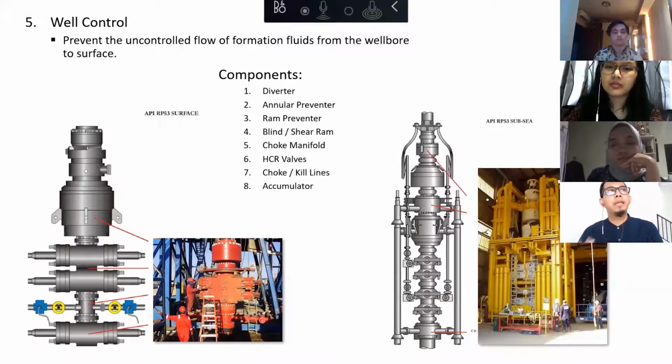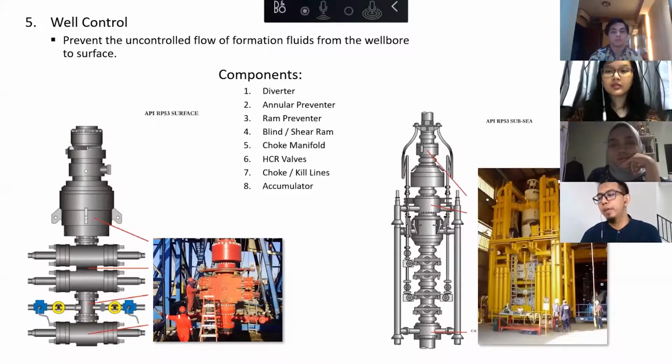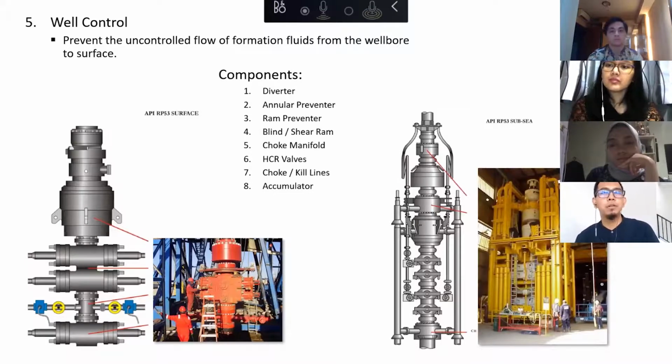So by cutting this hidden time, yes, maybe the rig will be paid at 50,000 per hour instead of 42,000. So that's a difference of 8,000 per hour that they need to pay, right?